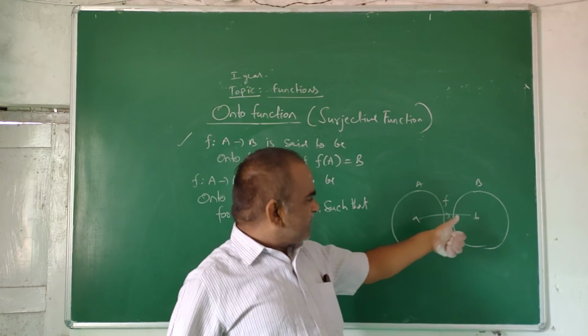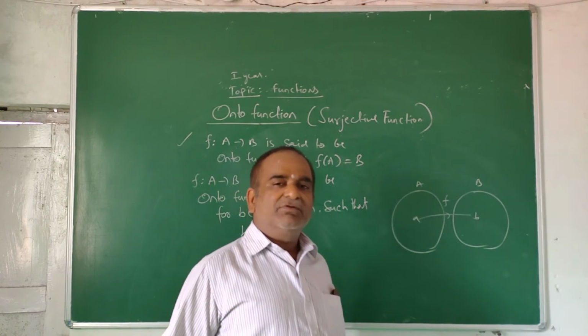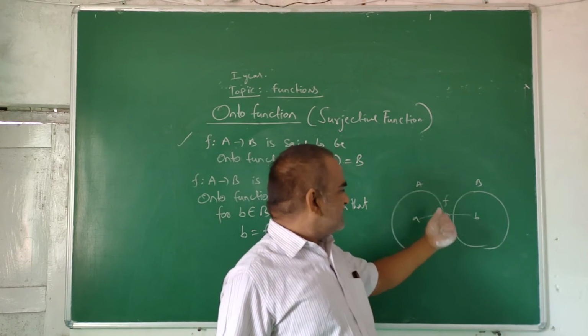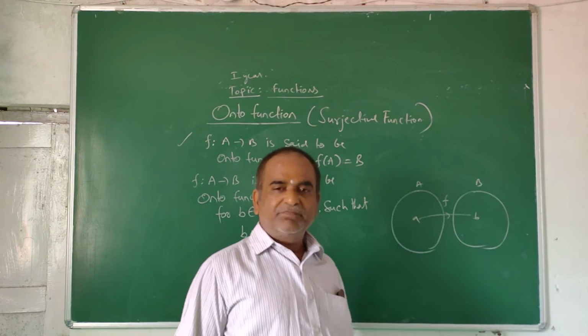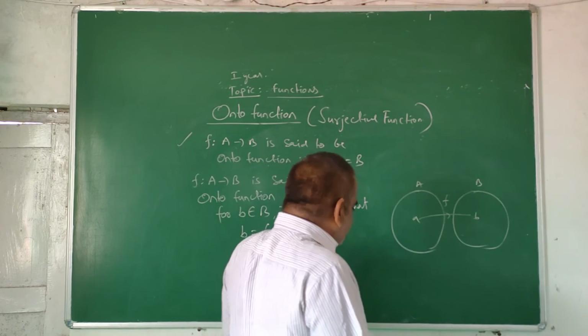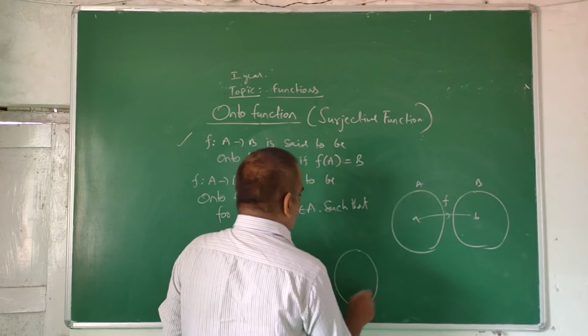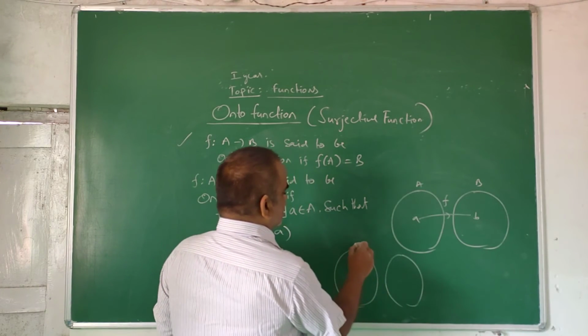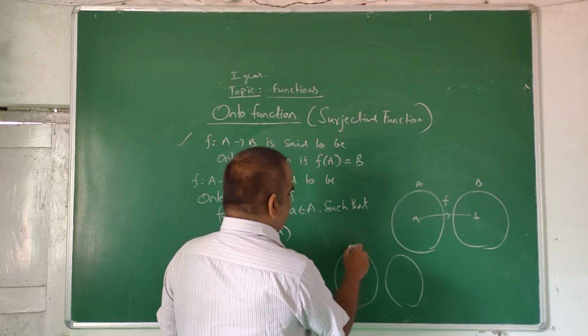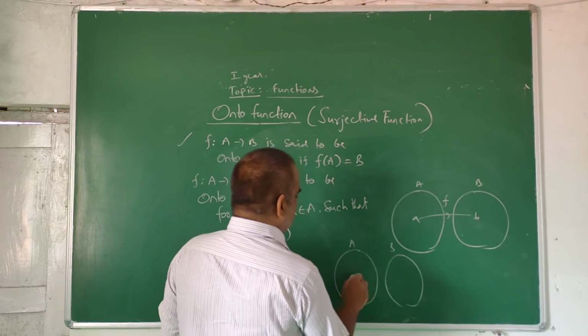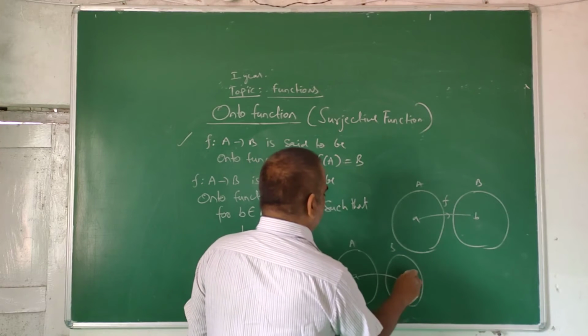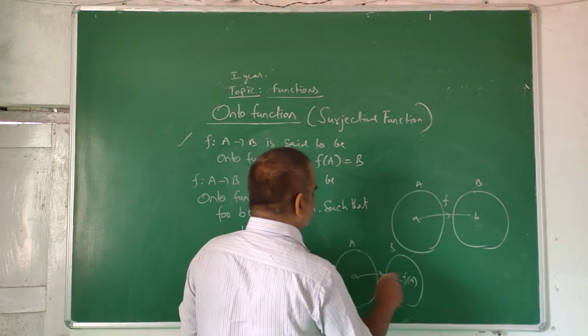So for b, there will be one preimage a such that f of a is equal to b. In usual cases, when you are drawing the arrow diagram, you have no right to take b. Somewhat you have to take f of a. It is 100%.